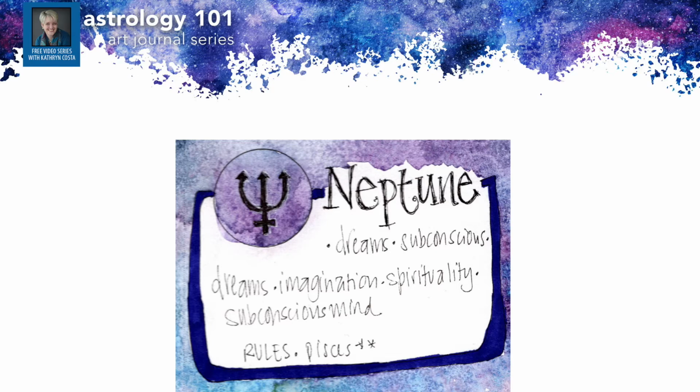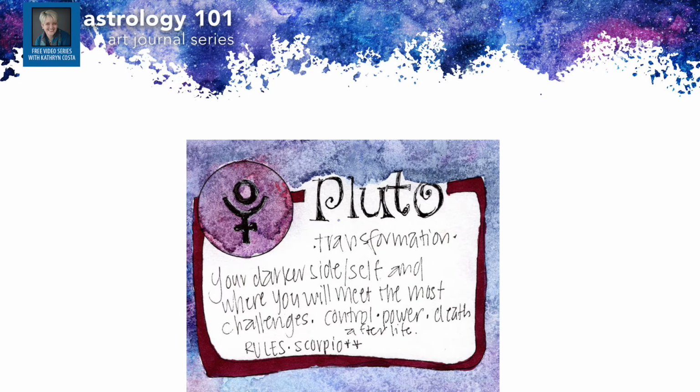Pisces is a water sign that is the mystic, the dreamer, and highly imaginative and spiritual. Pluto is associated with transformation, your darker side and self, and where you will meet the most challenges in your life. Pluto is associated with control, power, death, and the afterlife, and naturally rules Scorpio.